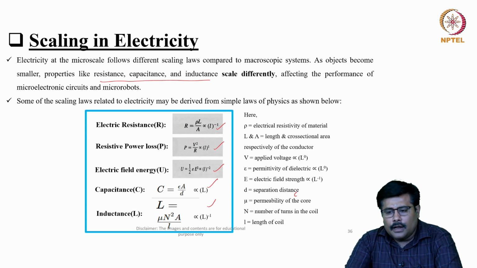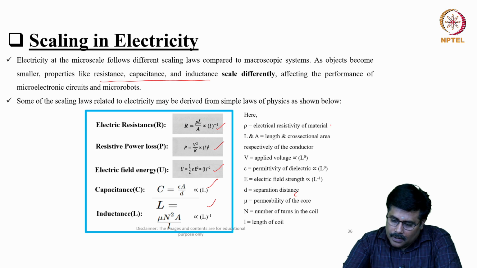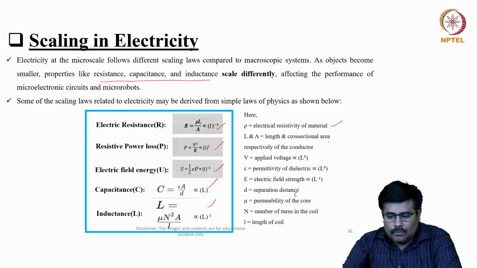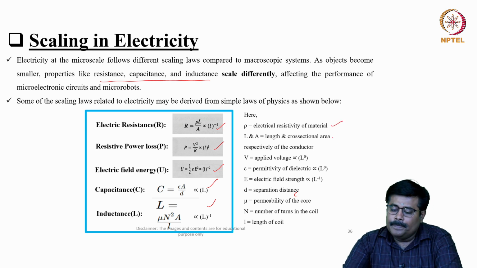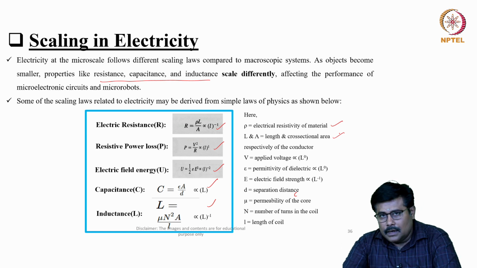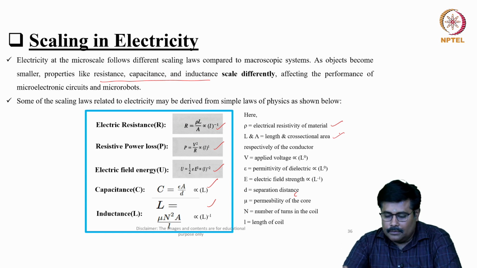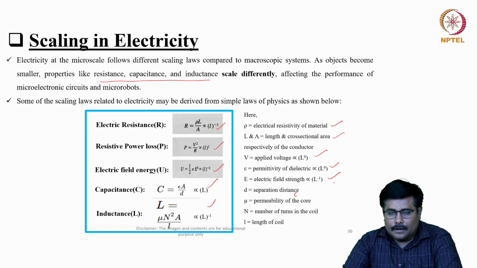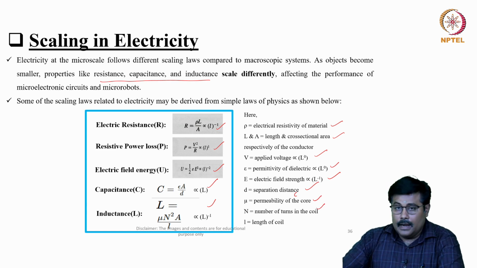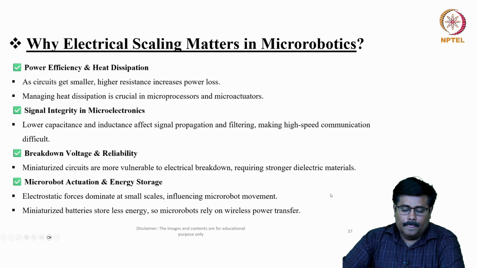I think most of you are aware of these. They include rho, which is the electrical resistivity of the material; L and A, which correspond to the length and the cross-sectional area of the conductor; V is the applied voltage; epsilon is the permittivity of the dielectric; E is the electric field strength; D is the separation distance; mu is the permeability of the core; N is the number of turns in the coil; and L is the length of the coil.